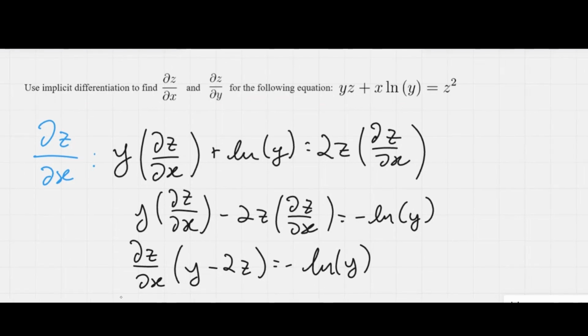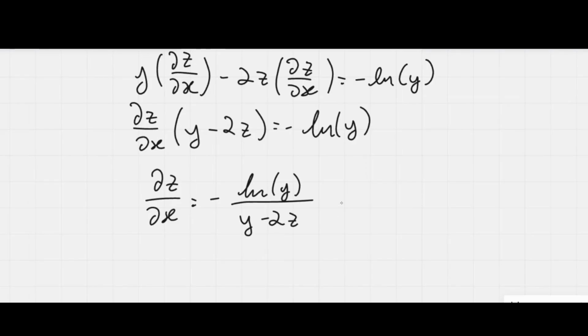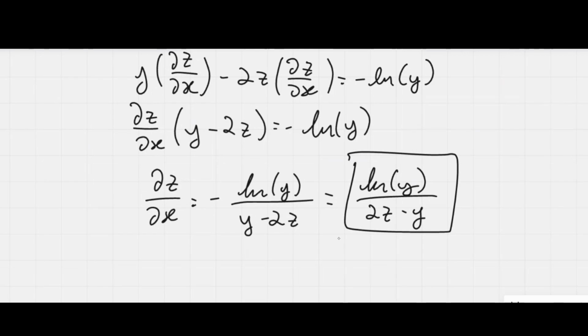Now we can divide both sides by y minus 2z, and we're left with del z over del x being equal to negative ln y over y minus 2z. Since I want to remove the negative, I can transfer it over to the denominator, and we are definitively left with the partial derivative of z with respect to x being ln y over 2z minus y. And that is our answer.